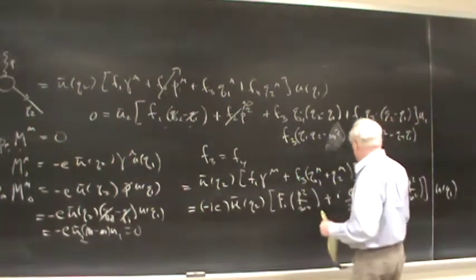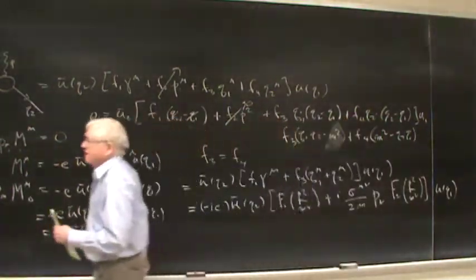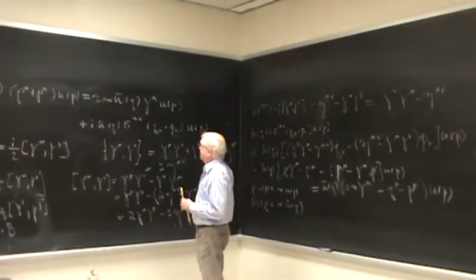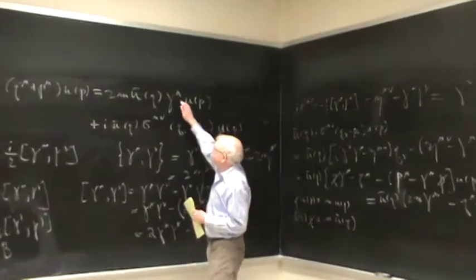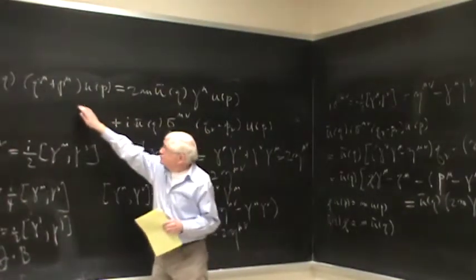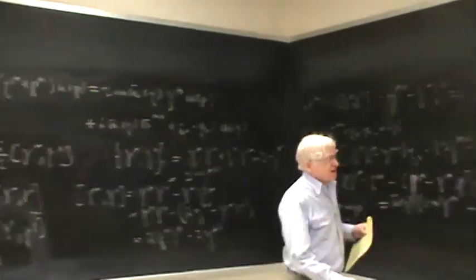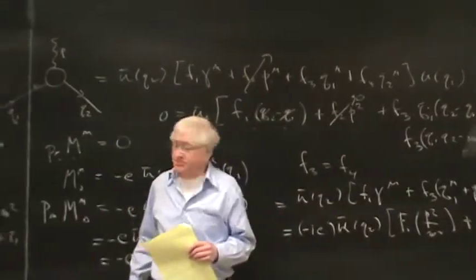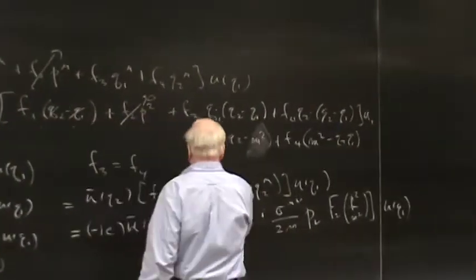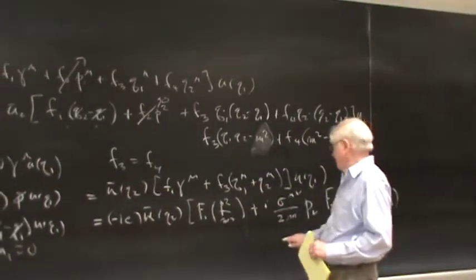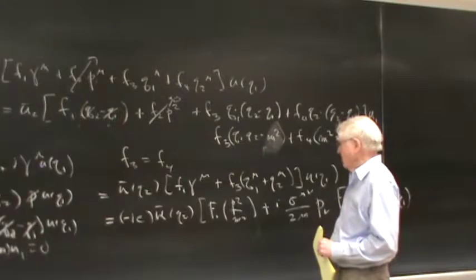So the Gordon identity tells us that something with gamma mu and something with sigma mu nu is related to that expression there. And so here we have a gamma mu and this, and so that gives us the sigma mu nu term.